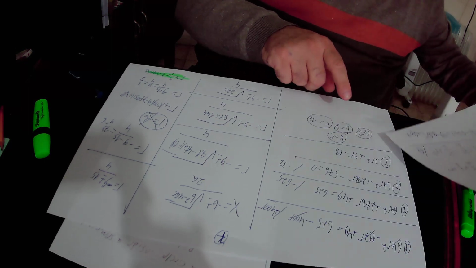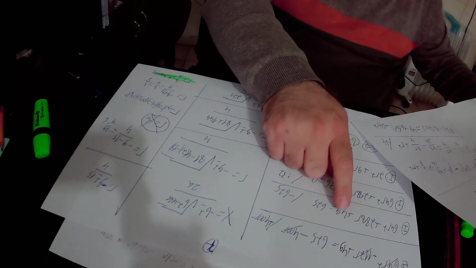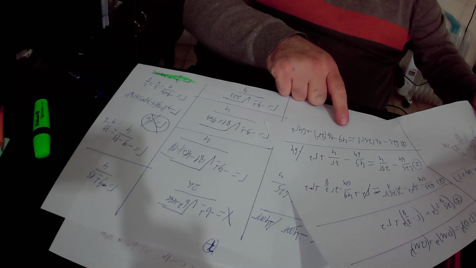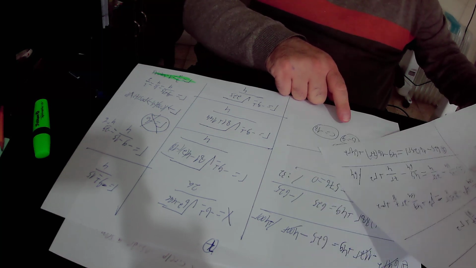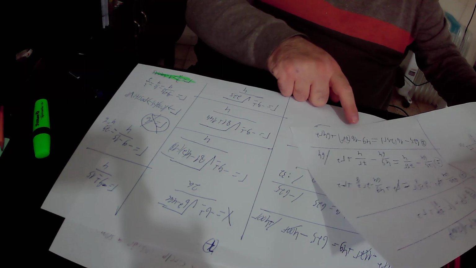This expression equals minus 112r plus 49. So on this side of the equation we have 64r squared minus 112r plus 49.